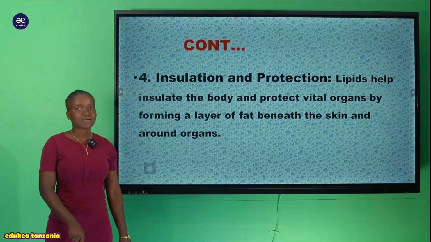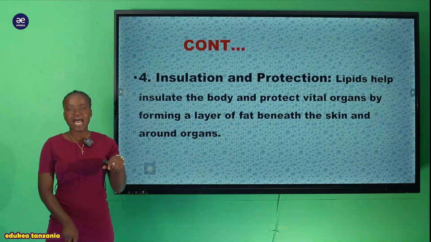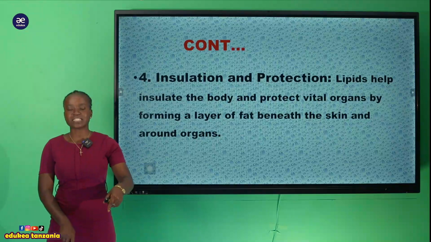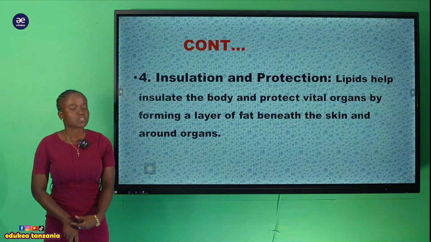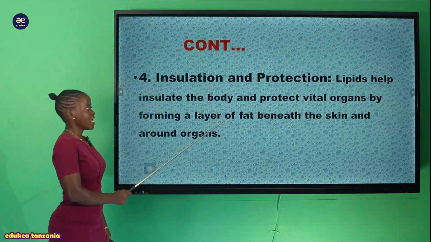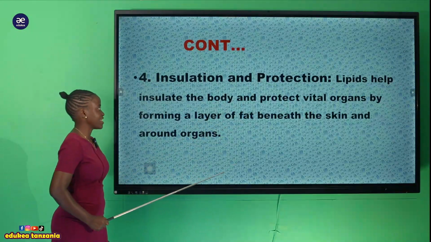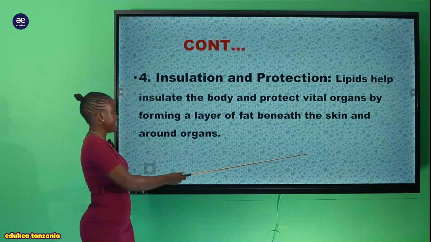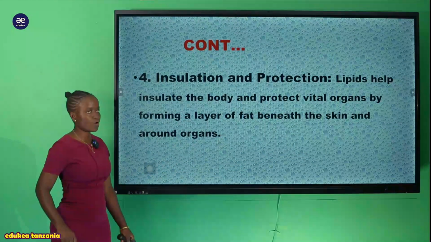So we can ask ourselves, how are lipids used as insulation, and how are they used as protection? Simply, we can say that the lipids help to insulate the body and protect the vital organs by forming a layer of fat beneath the skin and around the organs.